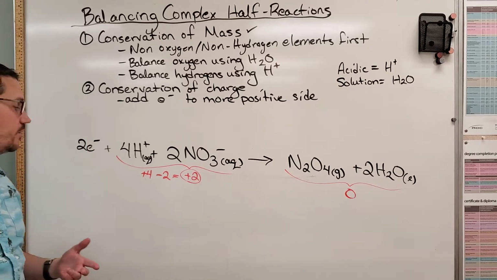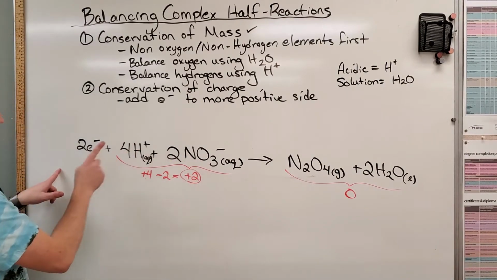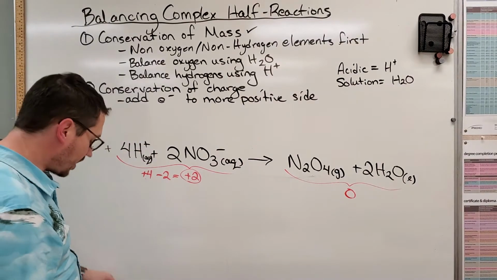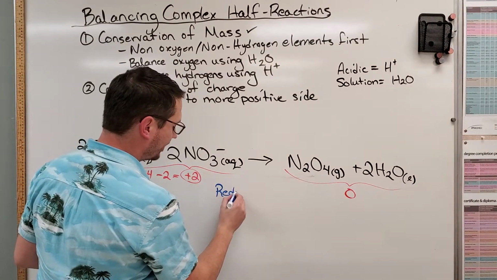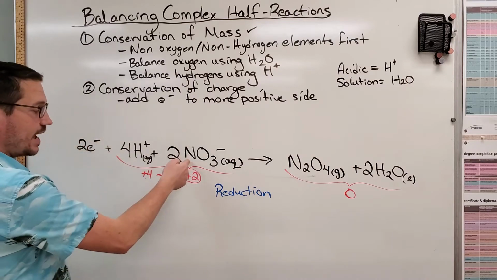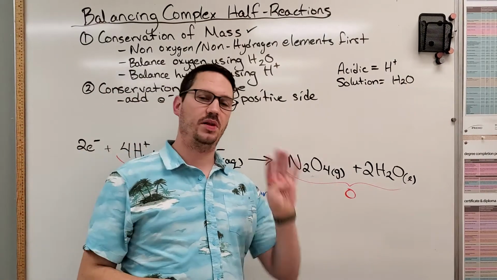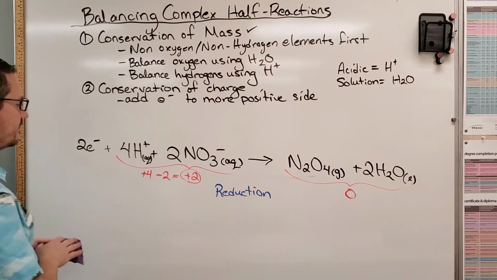Another way to figure that out is that the thing that we're starting with is gaining electrons. So this particular half reaction is a reduction half reaction. The nitrogen is being reduced, going from +5 to +4. We'll talk more about that a little bit later, tomorrow or after the break.